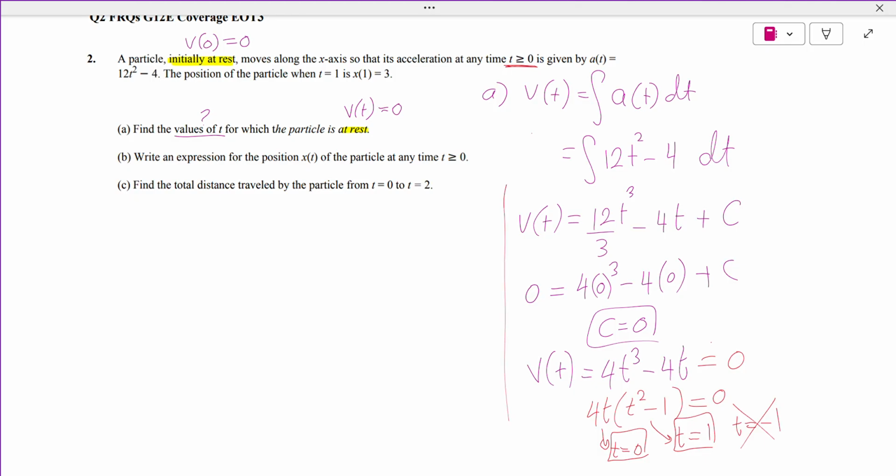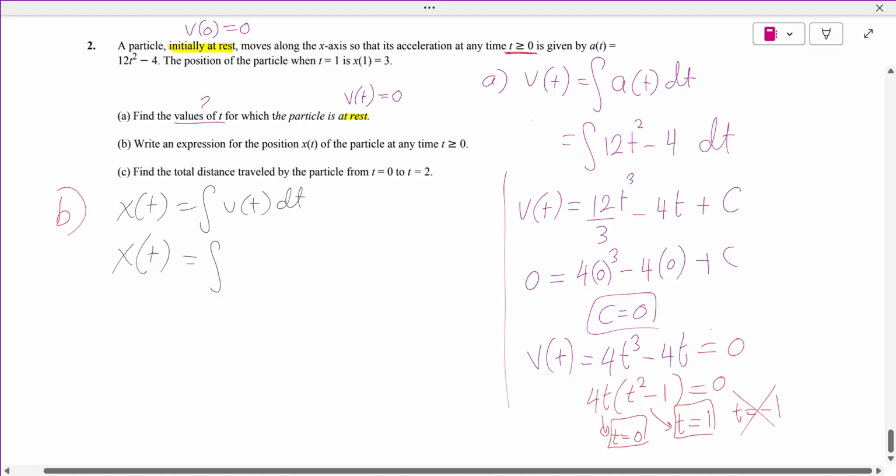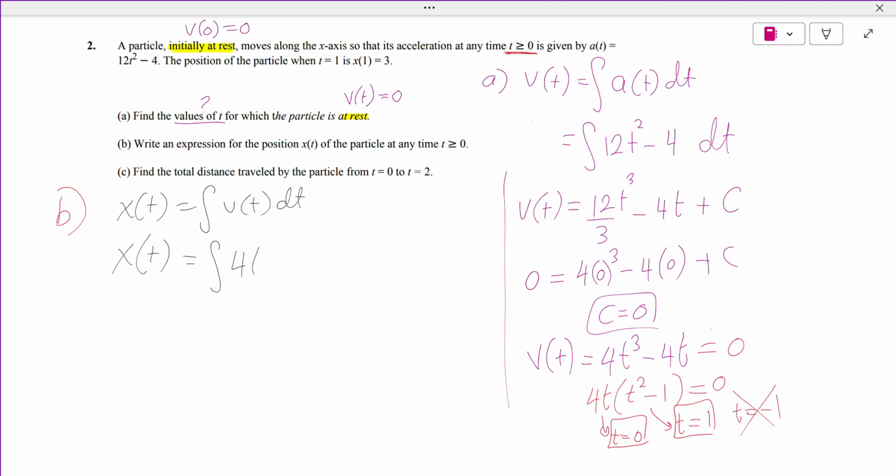Now part B says write an expression for the position x of t of the particle at time t bigger than or equal to 0. So to find an expression for the position, you need to integrate the velocity v of t dt. So x of t would be the integral of 4t cubed minus 4t dt, right?